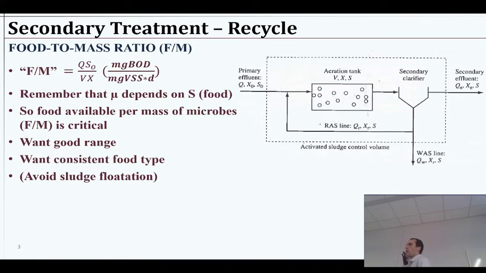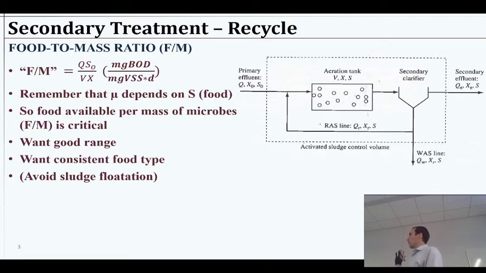Last time we talked about the specific growth rate of bacteria and how important that was to know how quickly they're growing. Well, that's going to depend on each different type of bacteria. Each different microbe is going to have its own maximum substrate utilization rate, its own maximum specific growth rate.